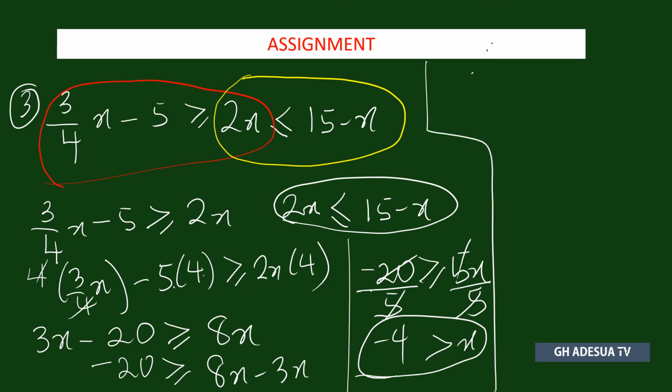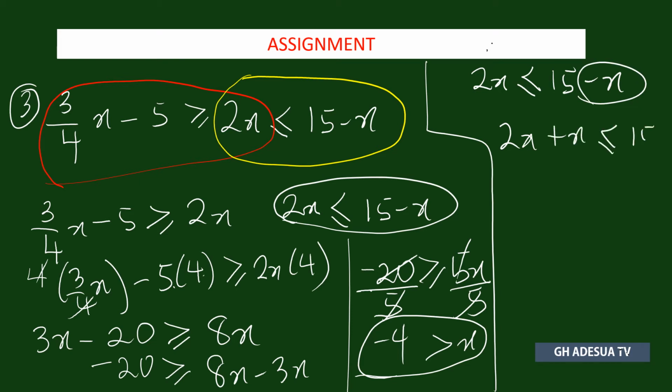We have 2x less or equal to 15 minus x. Now in this one, we'll prefer the x being on the left hand side. So 2x and then this x will join, plus x is less or equal to 15. 2x plus x is 3x less or equal to 15. You don't want x to stand alone, sorry, you want x to stand alone, so you need to divide by 3 by 3.